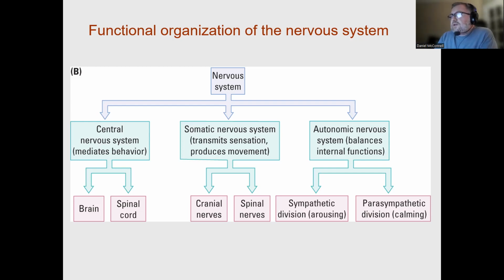It contains the brain and spinal cord, but we also think about what is its function. And the function is, maybe we could talk about mediating, right? What are we talking about here?